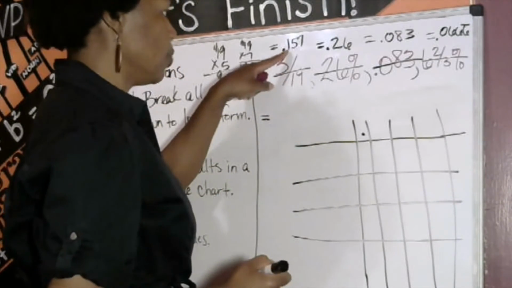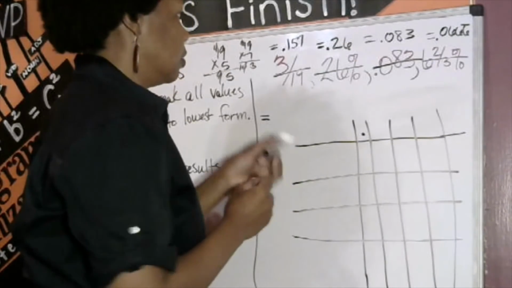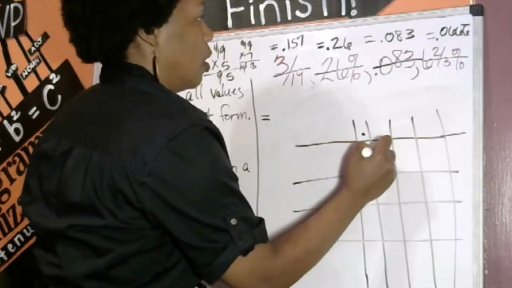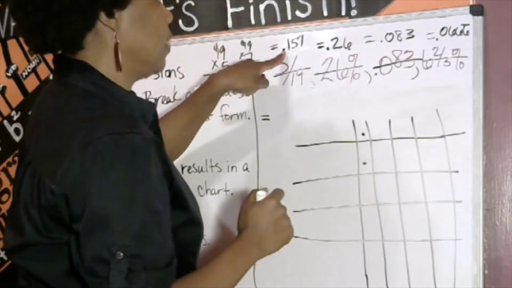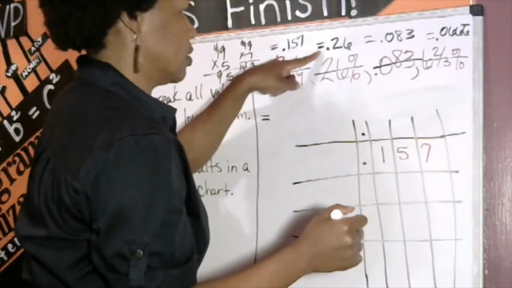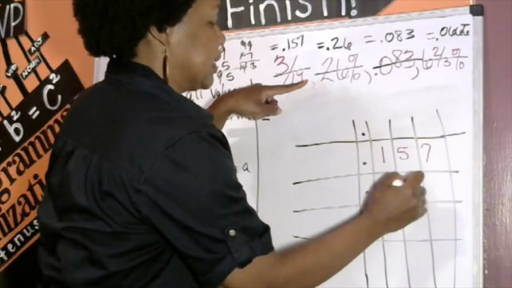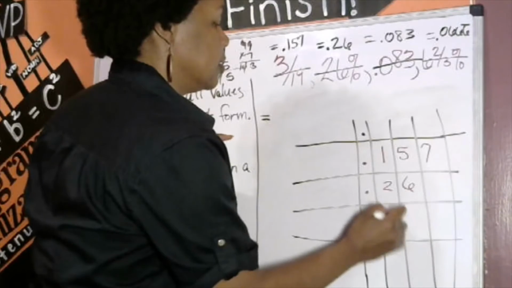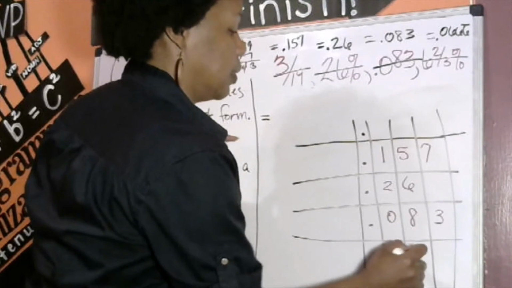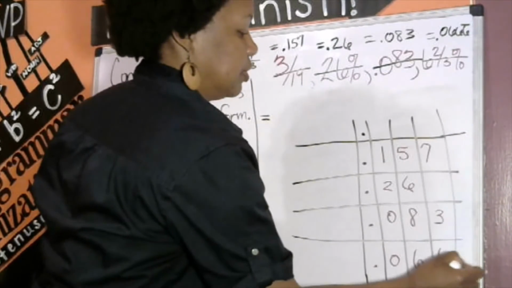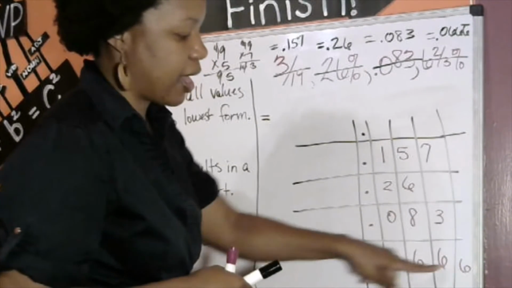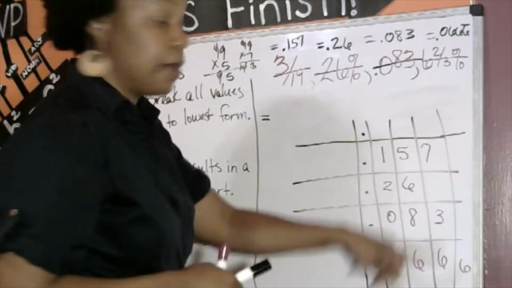So we have, let me see, point, first off, do we have any, you know what, never mind, let me not do that. 157, let's just go across. 0.26, 0.083, and 0.0666, just because.